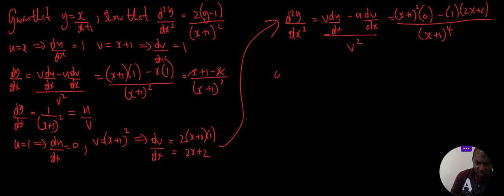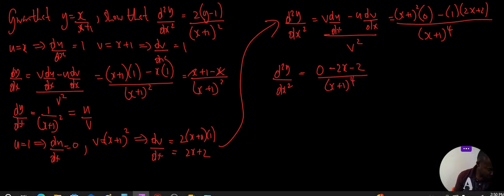So we get d2y by dx squared is equal to, this first term of course is 0, this is 0, and we basically have minus 2x minus 2 all over x plus 1 to the power 4. Right? Now, what happens here?